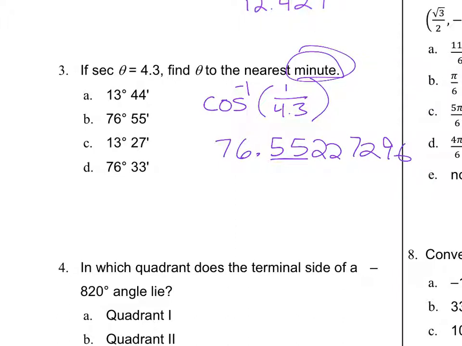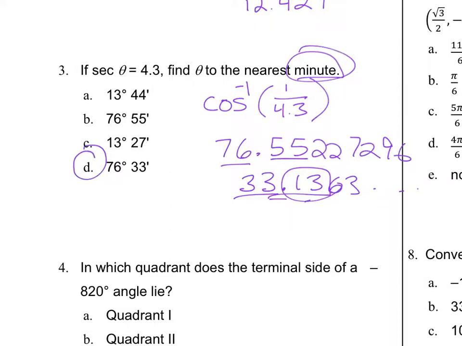Since we divided to get to decimal, we multiply to get back to minutes. So I multiply it by 60, and I get 33.136, etc. So this will round to 33. So I have 76 degrees, 33 minutes. So that's D.